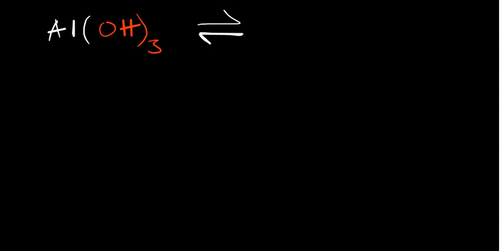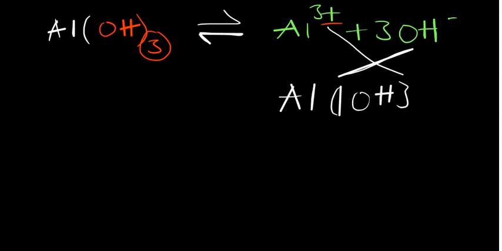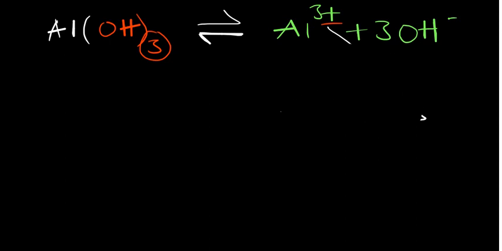You can basically see that you had aluminium 3 plus, reacting with 3 hydroxide ions. You may say, where is the 3 positive coming from? I'm looking at that 3 because when you're coming up with a formula, you need to exchange these charges so that you have aluminium 1 and then hydroxide 3 there. Are we set there?